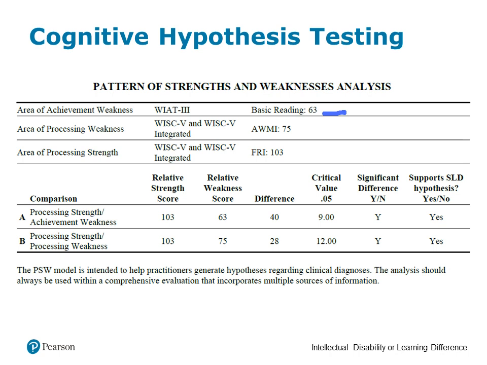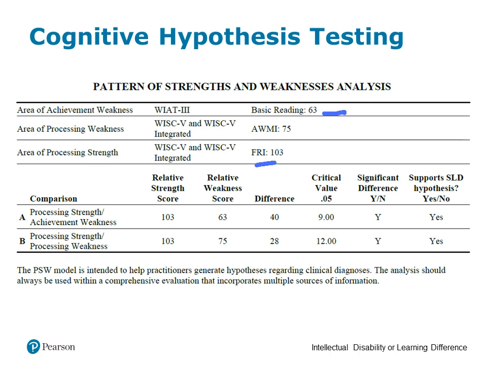Essentially, what you want to see is if the processing strength that you choose, and I am choosing as my processing strength the Fluid Reasoning Index, and fluid reasoning, I think, is an appropriate strength to use in a PSW model because fluid reasoning is not strongly related to achievement in reading and writing.